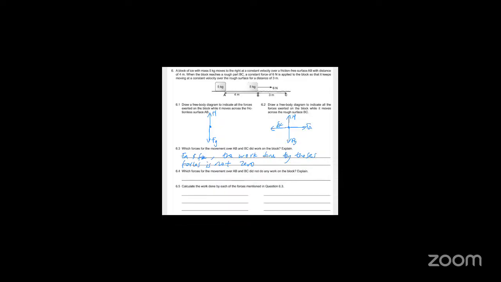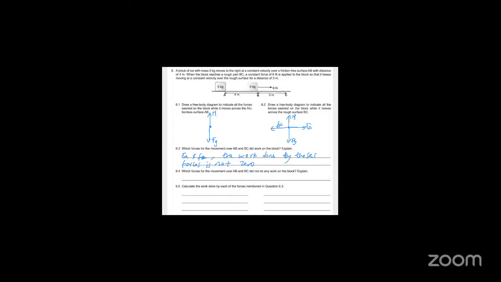Or we can also say they are parallel to the displacement. But remember, F net does no work. F net is zero, meaning that they are equal in terms of magnitude.